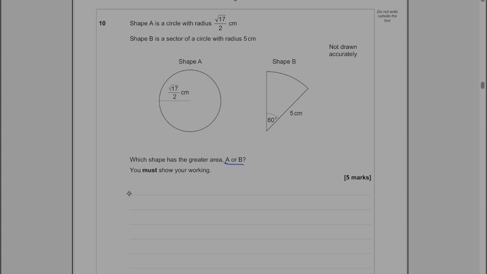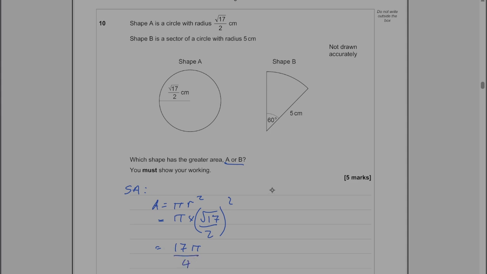Right, if we start with shape A, it is a circle, so the area is equal to pi r squared, which would be pi times root 17 over 2, all squared, which gives us 17 pi over 4.